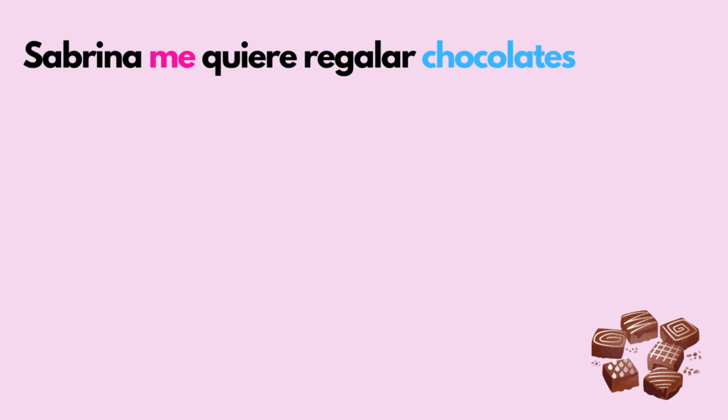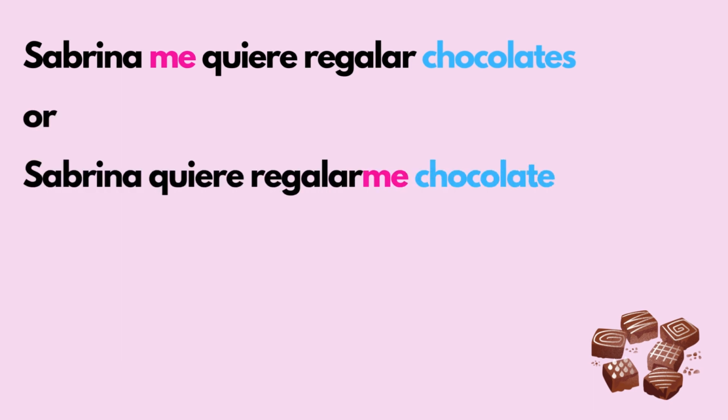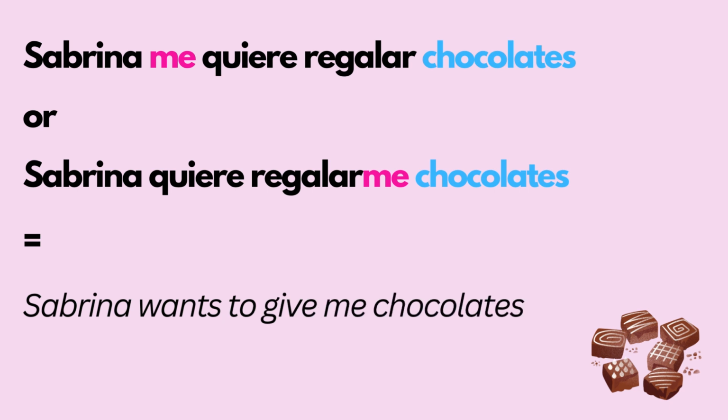Now, let's see some interesting sentences. Sabrina me quiere regalar chocolates. Or, Sabrina quiere regalarme chocolates. Sabrina wants to give me chocolates. These are two versions of the same sentence, and in the first version, Sabrina me quiere regalar chocolates, we have the verb querer followed by the verb regalar, and we can see the indirect object pronoun me before querer, which is conjugated as quiere.